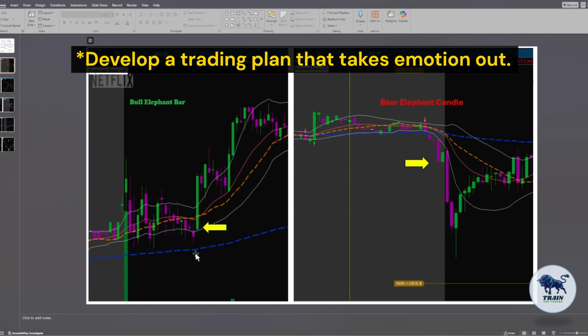If you're only taking trades where you have a bull elephant bar that's coming off of a 200 or 20 SMA, and that's the only thing you're looking for, you could enter this trade and look where your stop loss will be right here. Let's get into some charts.